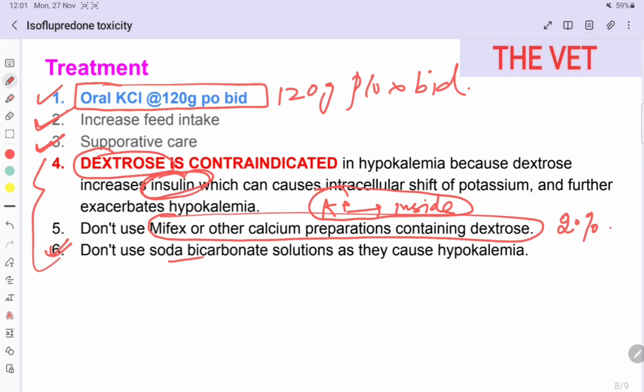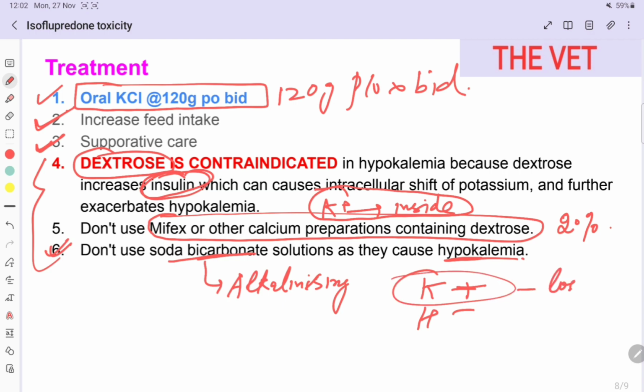Don't use soda bicarb solutions as they cause hypokalemia. We know that soda bicarb causes alkalosis, or it is an alkalizing agent. Alkalosis causes loss of potassium in the urine and retention of hydrogen inside the body. So potassium is lost and hydrogen is retained, which causes hypokalemia.